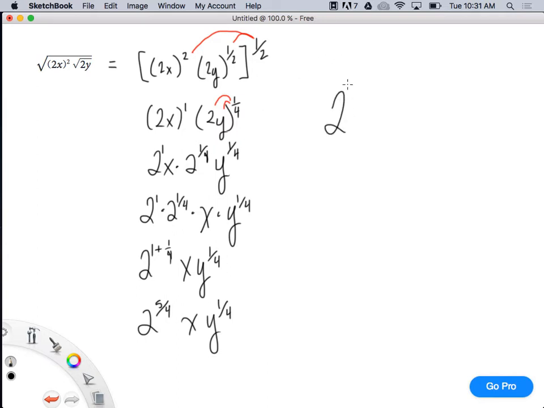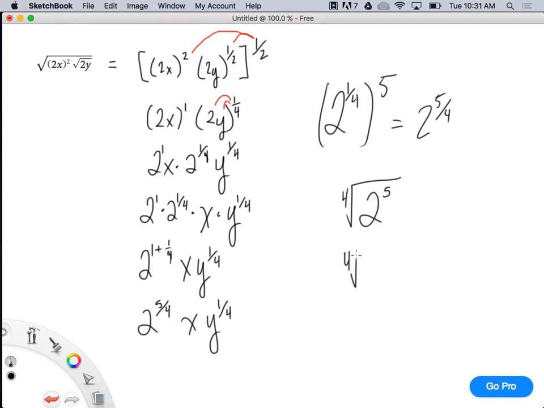Because if I tried to break that up, 2 to the 1/4, and then raise that to the 5th power, do I know the 4th root of 2? No. So I just leave it. It's 2 to the 5/4 power. Okay? I could rewrite this in radical form, right, class? This would be 2 to the 5th, the 4th root of that, or just the 4th root of 32.